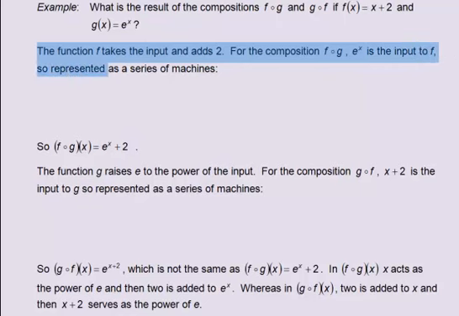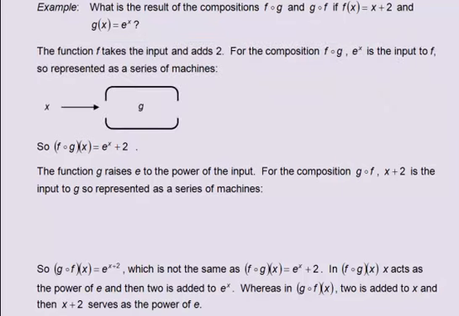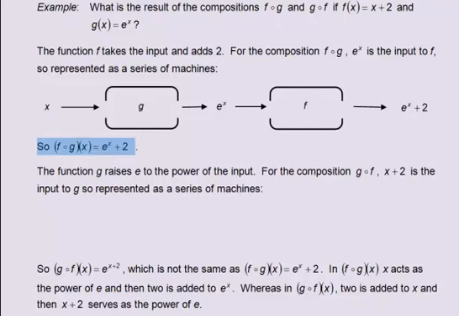So, represented as a series of machines, x is the input to the machine g, whose output is e to the x. This acts as the input to the machine f, which adds 2 to the input and results in e to the power x, plus 2. So, f circle g of x equals e to the power x, plus 2.